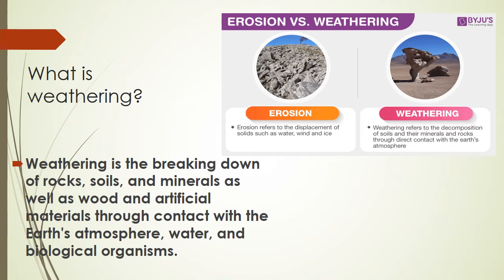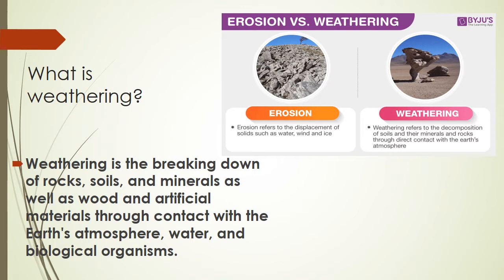Now many of you get confused that weathering and erosion are one and the same. But they are not the same. They are interrelated and dependent on each other, but both processes are different from each other.